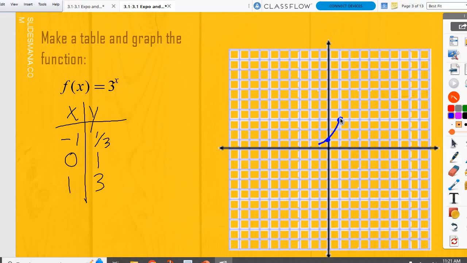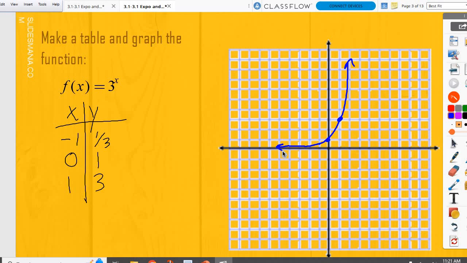And we said that on the right side of our graphs, if it's an exponential growth, which since 3 is bigger than 1, we know that this is going to have to continue to increase faster and faster and faster. And on the left side of our graph, we said that it's going to have to get closer and closer to 0. So we don't need really a ton of points there, as long as we can remember what the general shape is. And we really just need those 3 key points to graph the middle part.